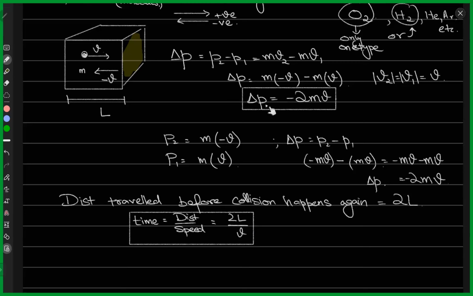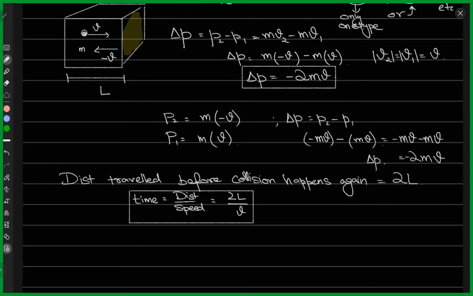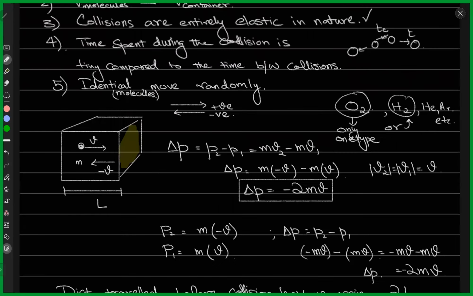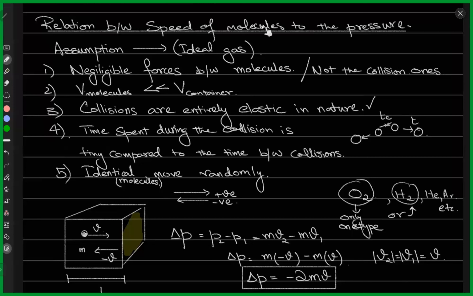Having this momentum and this time, I can now write an expression for the force, right? So that was my goal. Once I write an expression for force, then I can easily write down an expression for pressure. And remember, that was our goal. We wanted to find the relation of speed of molecules to the pressure.